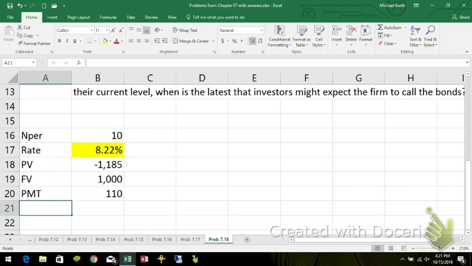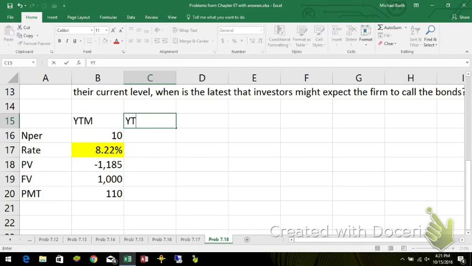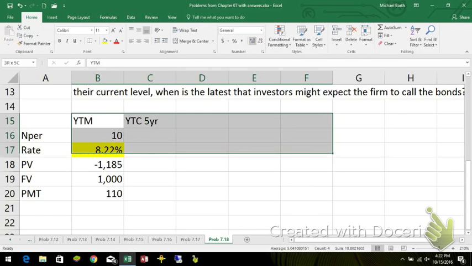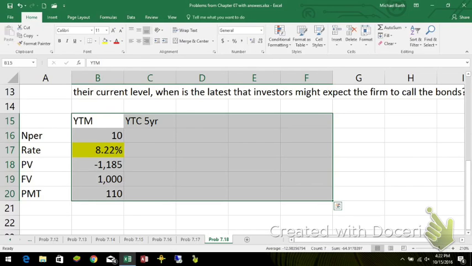What's the yield to call if they're called in 5 years? Okay, so this is yield to maturity, and this is yield to call if they're called in 5 years. Let's center all this to make it pretty.